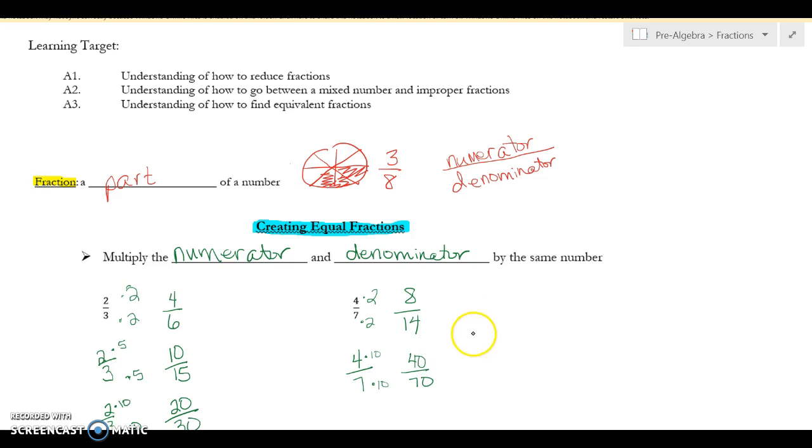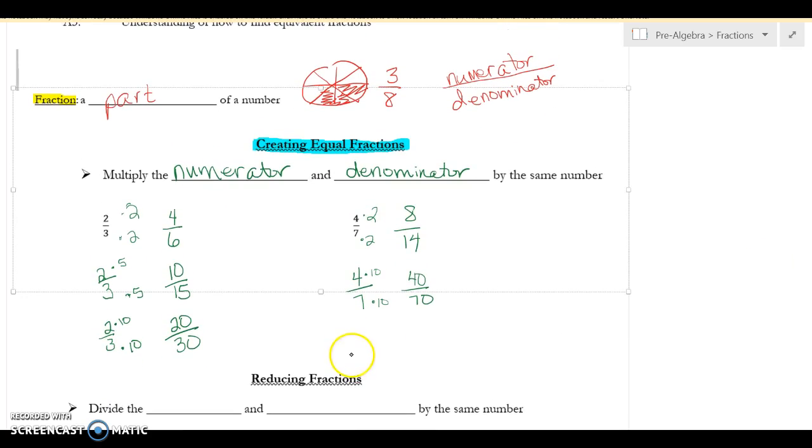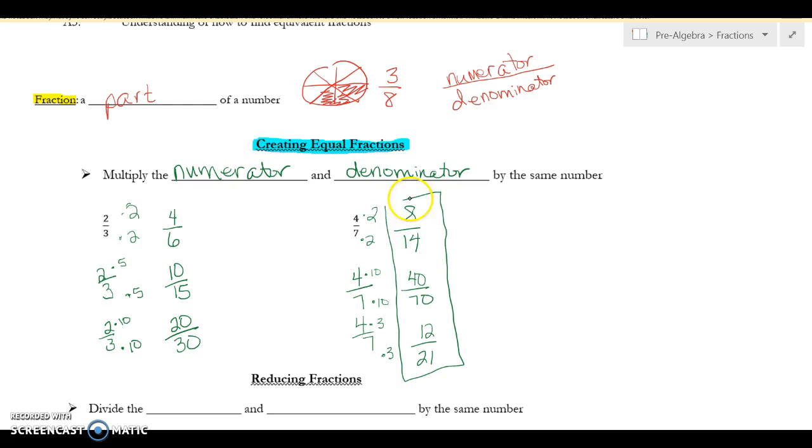And then if I want to do one more, let's see if I can move my mouse up. If I do 4/7, maybe times 3. So 4 times 3 is 12, and 7 times 3 is 21. And so those are my 3 different fractions that are all the same as 4/7. And these are my 3 different fractions that are all the same as 2/3.